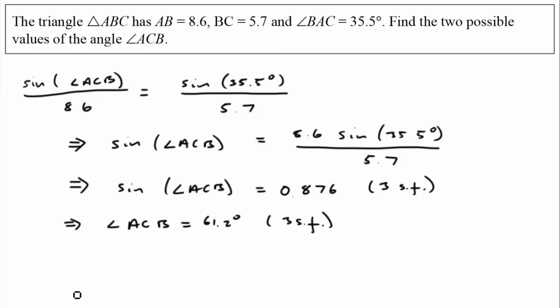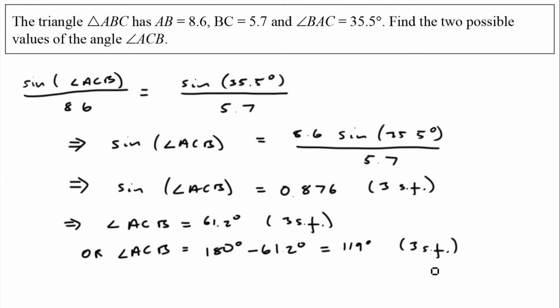Going back to our original working, we can conclude that it's also possible that angle ACB can be 180 degrees subtract 61.2 degrees, which is 119 degrees to 3 significant figures.